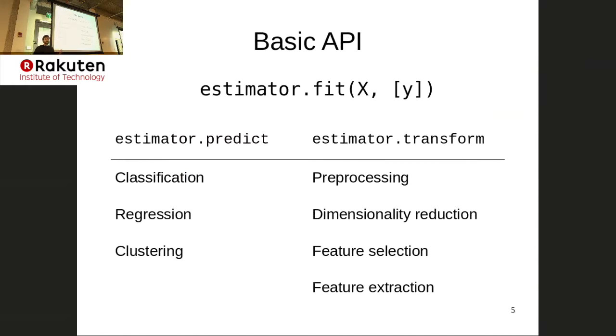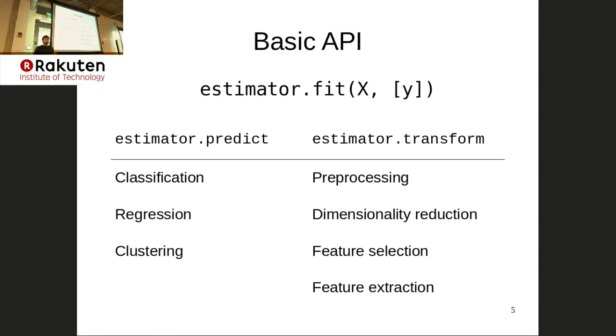Then, depending on what the model is, it has either a predict or a transform method. Predict means we want to predict a label or some output that is either continuous or discrete, but usually 1D. That's the case for classification, regression, or clustering. So model.predict gets the data X and will make a prediction for the data.